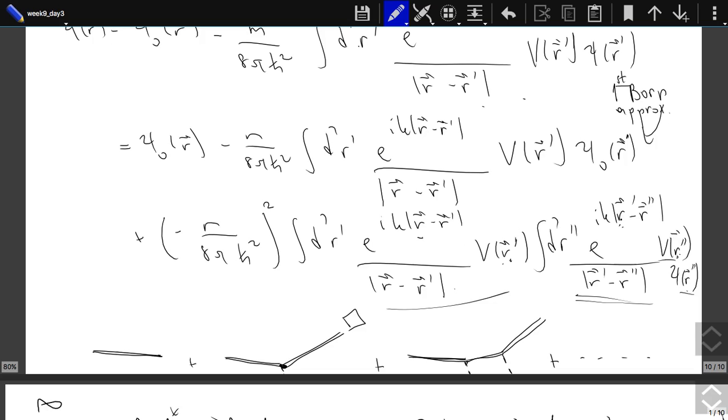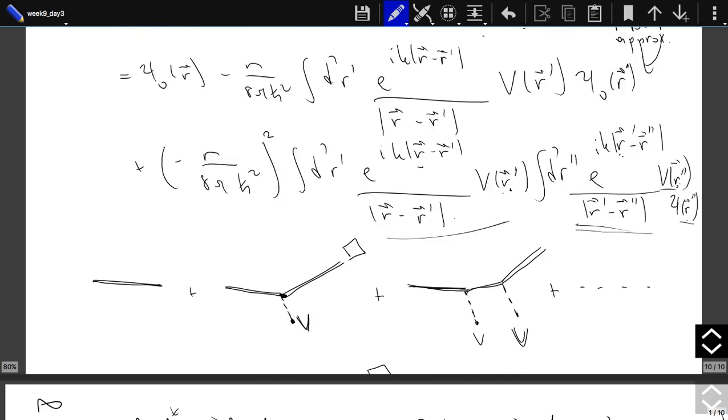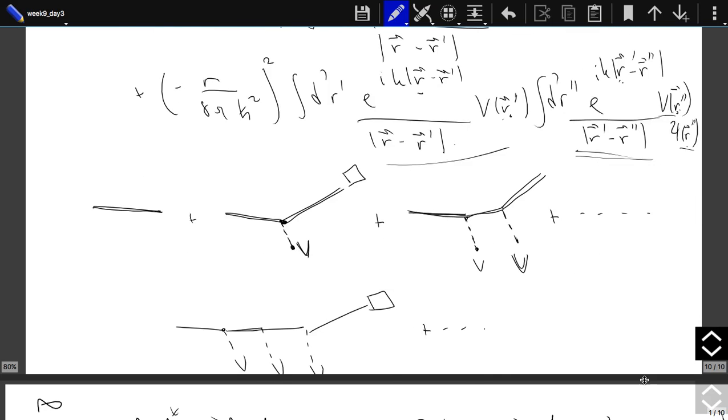I cannot do it in this term, because r prime and r double prime both are points where the potential is non-zero, so they are both small. And that is kind of what we expect, because all these corrections should represent, at a sufficiently far away distance, an outgoing spherical wave. So from this expression, we can also just directly read out the second correction to the first term.